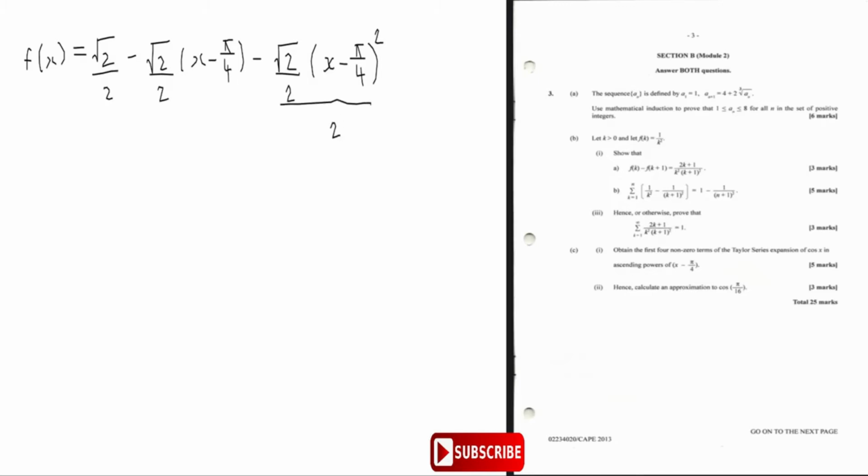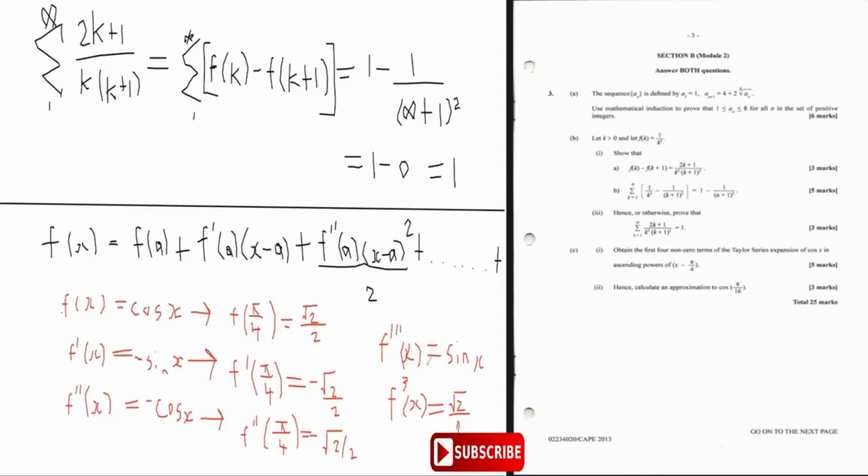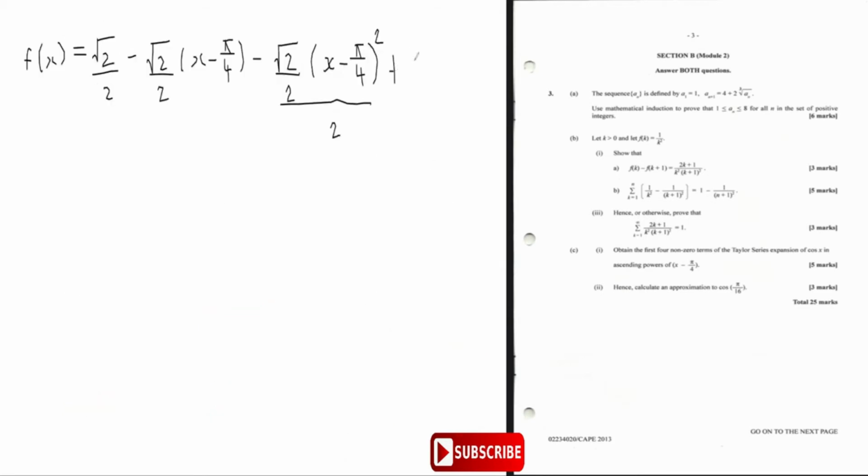And then we have plus f triple prime, which is root 2 over 2, so plus root 2 over 2 times x minus pi by 4 cubed, divided by 3 factorial, and 3 factorial is 6. Now guys, I really don't like how this looks with so many fractions: root 2 over 2 divided by 2, root 2 over 2 divided by 2.